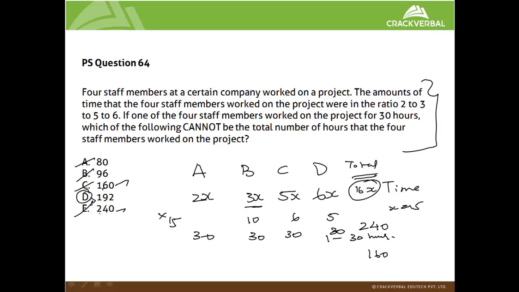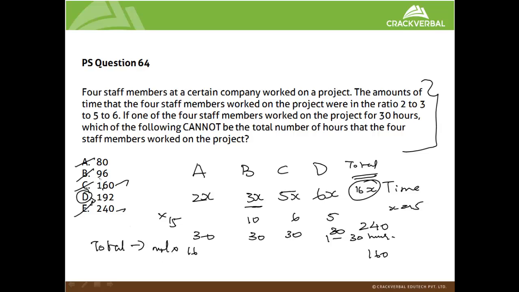I hope this is clear. Otherwise, this is the normal way. What some students expect is doing back solving. We can do back solving, nothing wrong in that, but remember that there are 2 conditions. One is that the total number of hours has to be a multiple of 16, but all the answer choices here are multiples of 16.